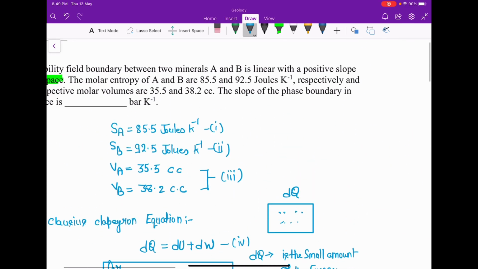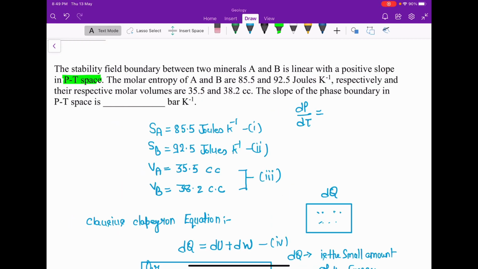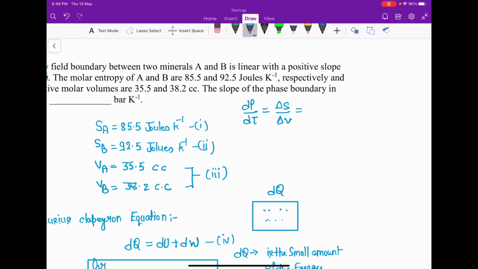So dP by dT equals del S by del V. Del S means S_B minus S_A, divided by V_B minus V_A.